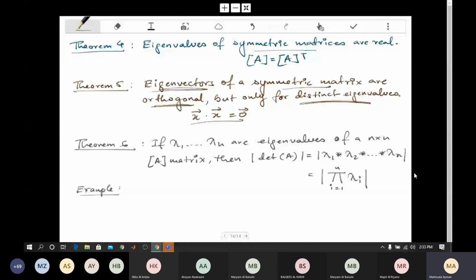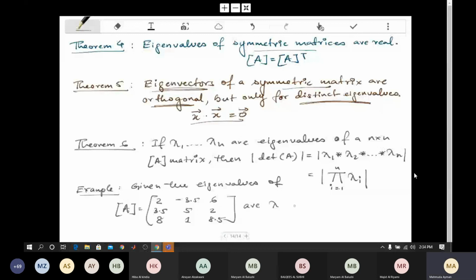Given the matrix A, which is 2, 3.5, 8, and minus 3.5, 5, 1, 6, 2, 8.5, the eigenvalues are: lambda 1 is equal to minus 1.547, lambda 2 is 12.33, and lambda 3 is 4.711.